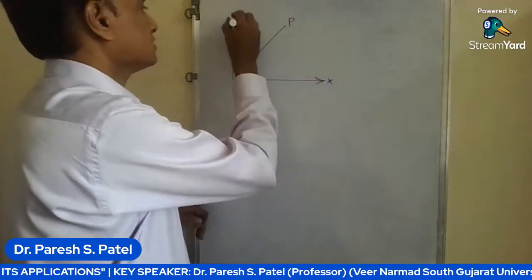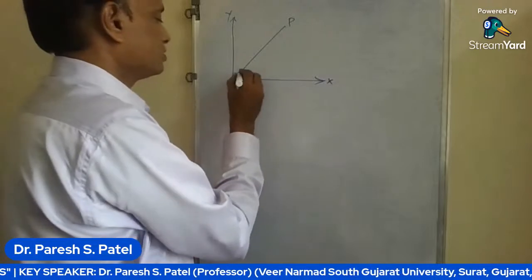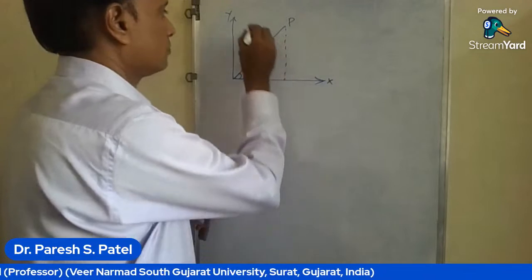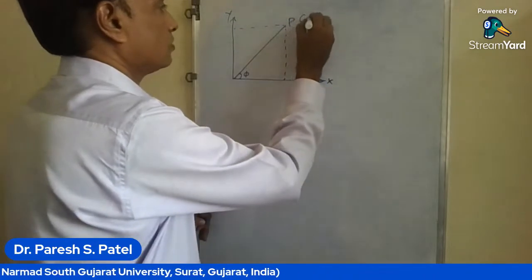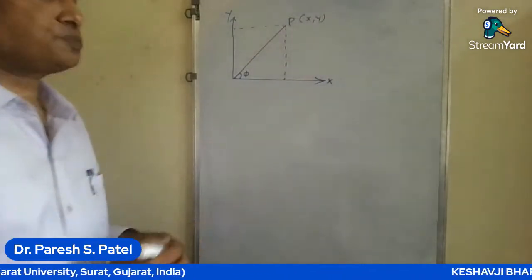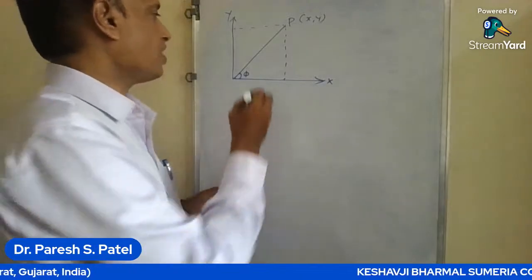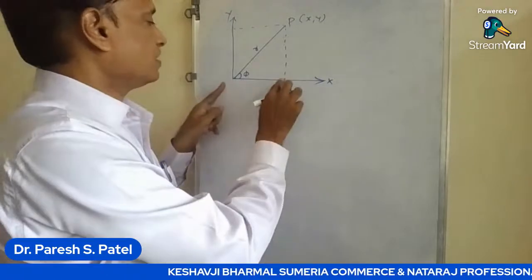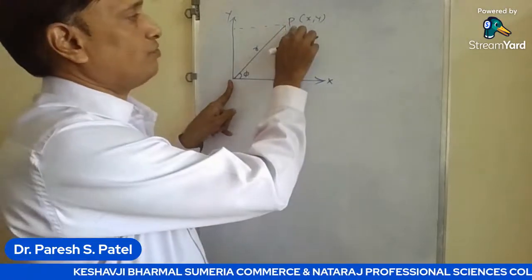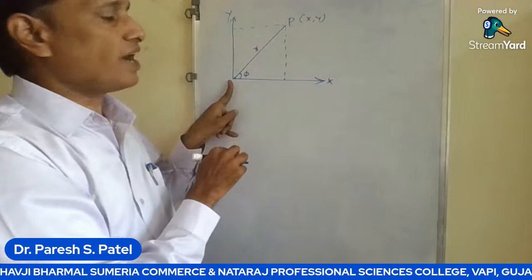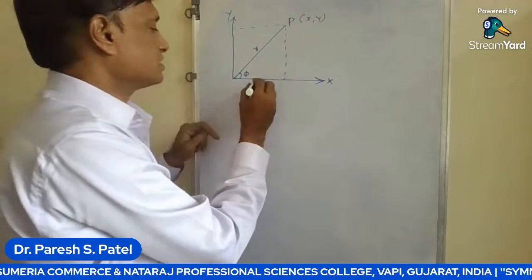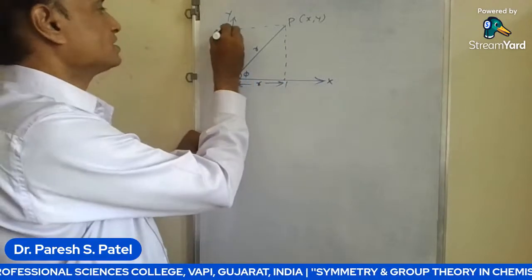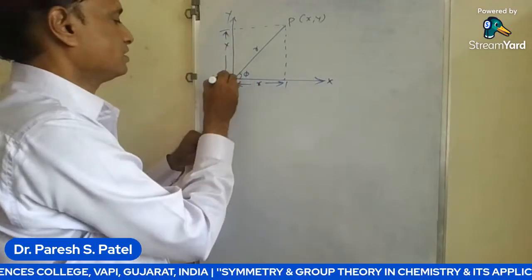This is the x-axis, this is the y-axis, and the angle is phi. The vector p with the coordinates x and y has length r. Along the x-axis the distance is x, and along the y-axis the distance is y.